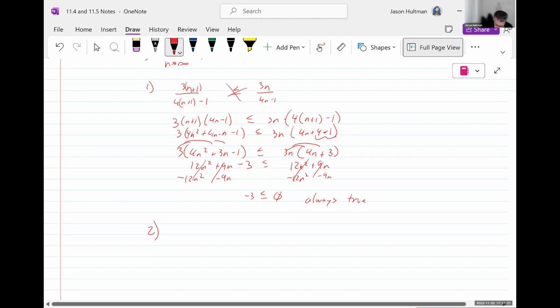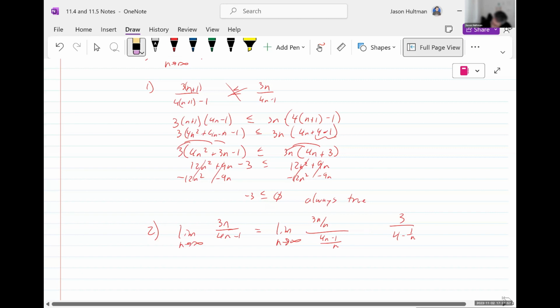What about the second condition? The limit as n goes to infinity of 3n over 4n minus 1, does that equal 0? And the answer is no. If I do some algebra here, this is the limit as n goes to infinity of 3n over n, all over 4n minus 1 over n, which is 3 over 4 minus 1 over n.